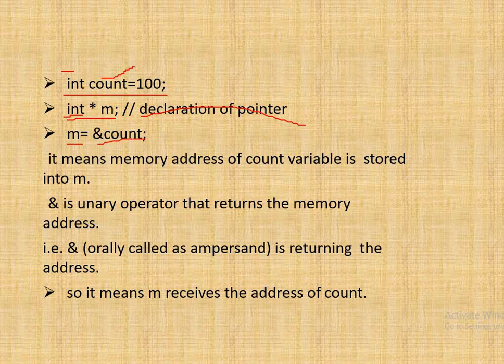This is the address of operator. It fetches the actual address of the count variable where it is stored in memory. So with this statement, the memory address of count is stored into m. Ampersand is a unary operator that returns the memory address.